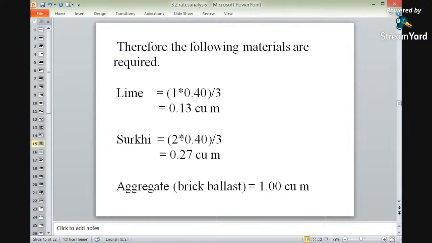Here it has been considered as 2 parts multiplied by 0.4 and divided by the total parts, so it comes to 0.27 cubic meters.